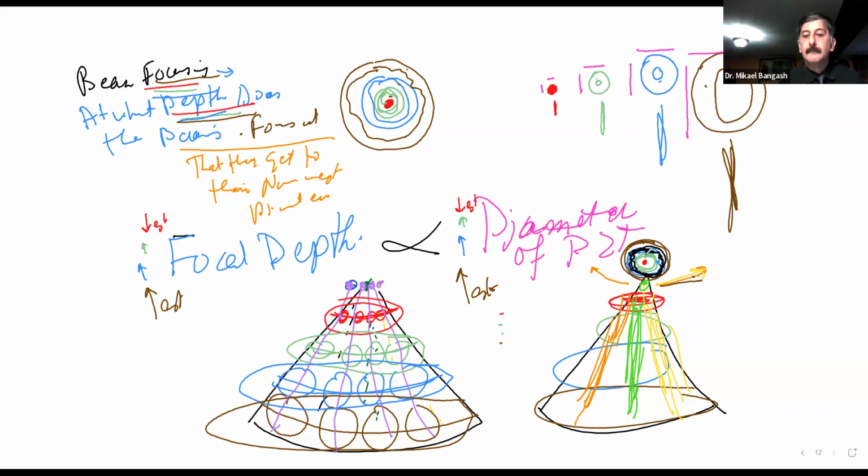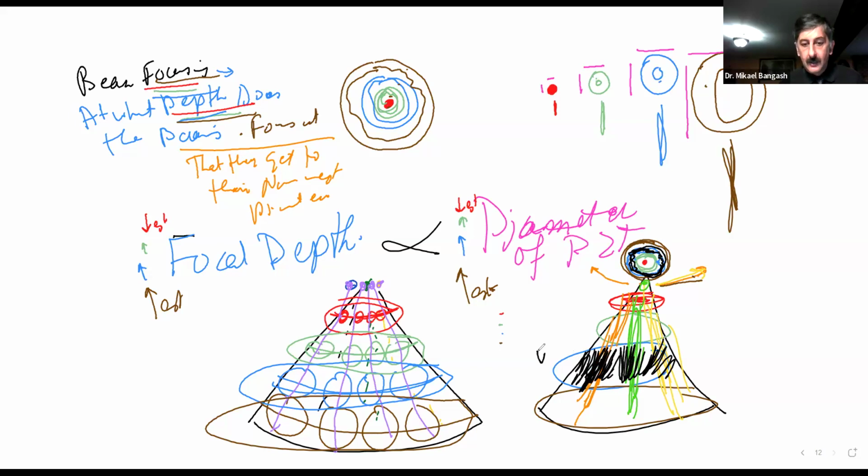Did you guys get that? Now, what would that mean? The added depth that was scanned or focused by the blue PCT, no signal will go to this depth.